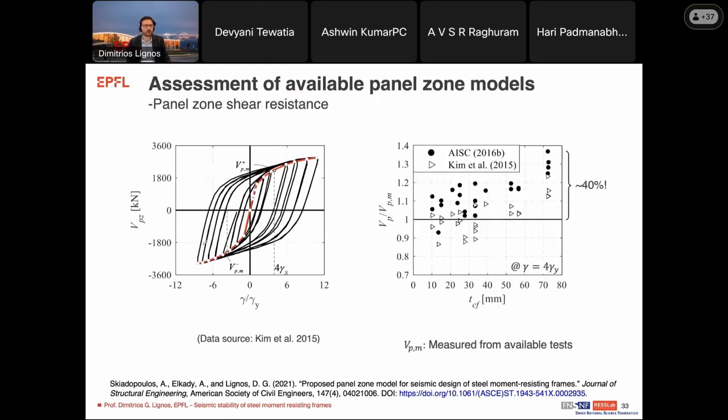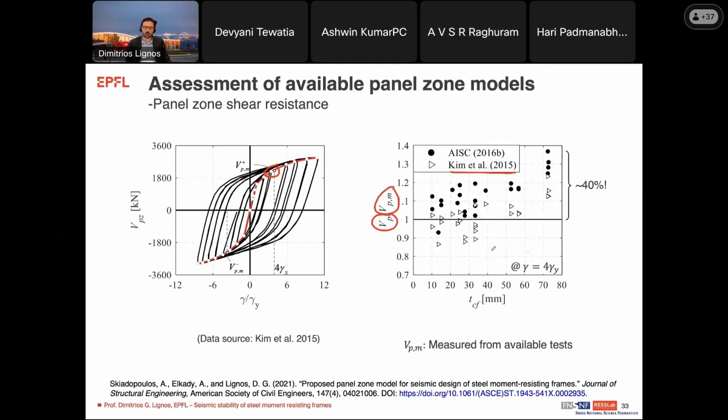Similarly, if you're designing for strength, we are interested in the contribution of the panel zone at 4 gamma y, where the flanges also are contributing to the resistance. What the graph shows us is that if you compute the panel zone resistance with the available code model, or another model available in the literature, and you normalize with what we measured from the tests, obviously, if these models were good, then all the data would be around 1.